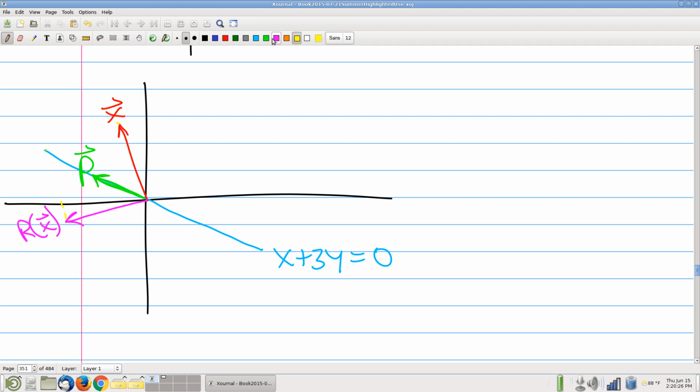Okay. Let's see here. Good news. I do know one thing. I know this vector, perpendicular to that line, is this vector I'll call n. That's 1, 3. Yep. Okay. So that means I can write down a vector parallel to the line. Let's see here. Oh, you know what?